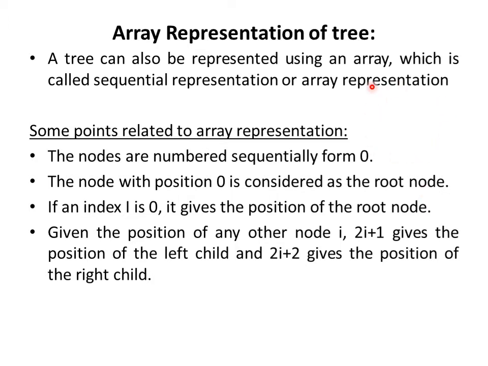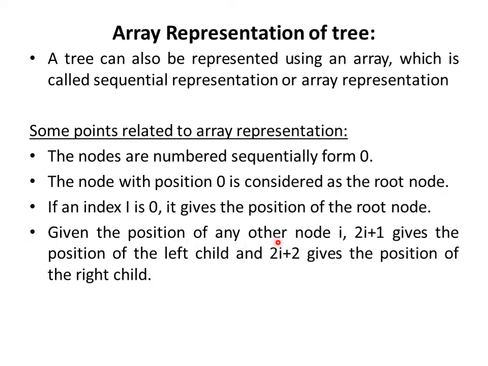That means the nodes here will be 0, next 1, next 2, next 3, and next 4. Therefore, the nodes are numbered sequentially from 0, and the node with position 0 is the root node. And if the index i is 0, it gives the position of the root node.